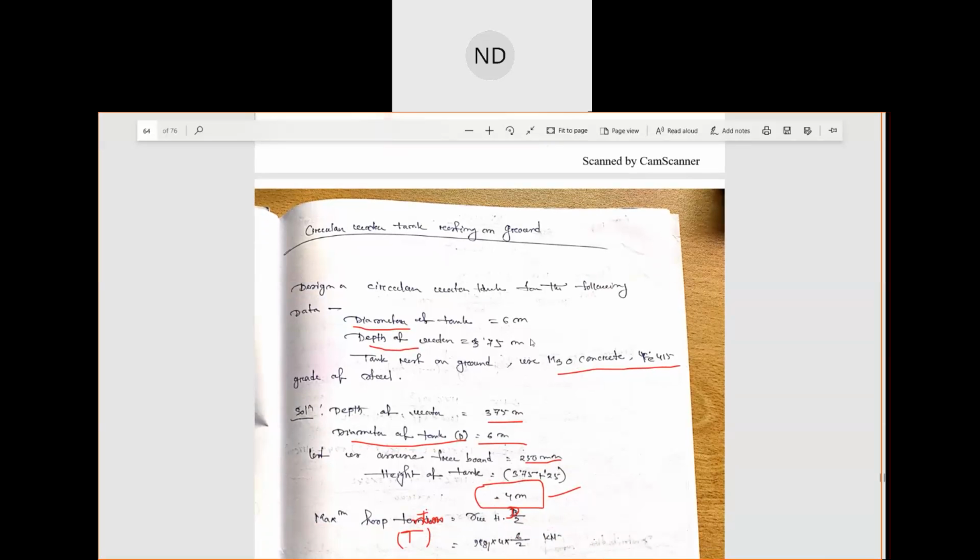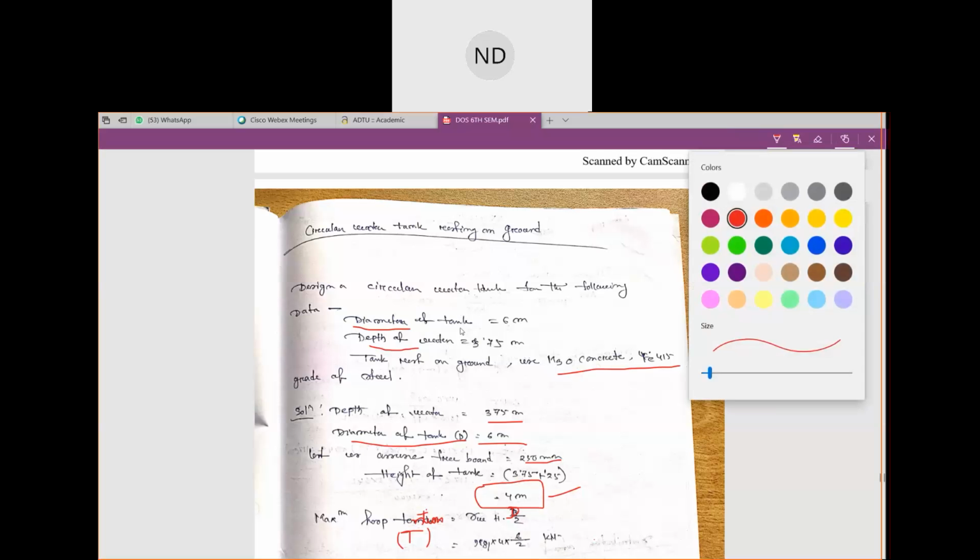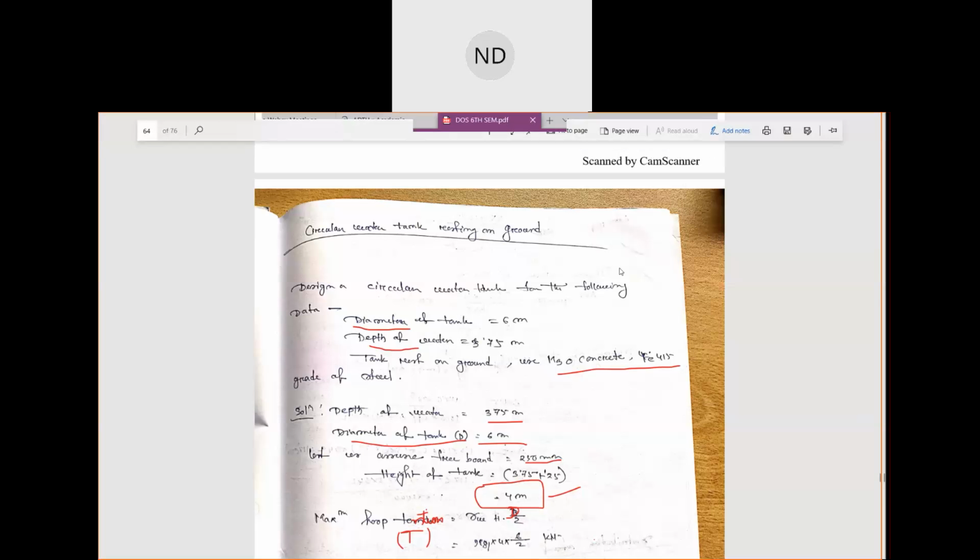Since the depth of the water is given to be 3.75, obviously we have to assume some freeboard, so we have assumed it to be 250 mm.